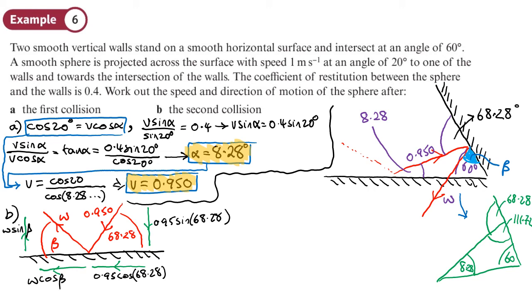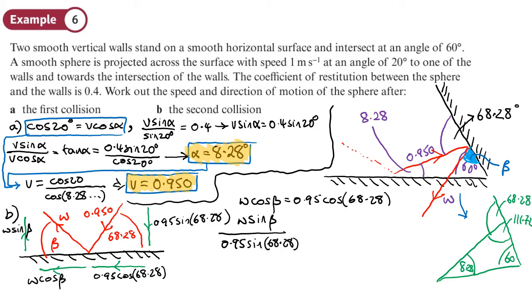So parallel to the wall, we're going to have W cos beta equals 0.95 cos 68.28, and perpendicular, the speed of rebound is going to be W sine beta equals, not equals, using the coefficient of restitution, so that's speed of rebound over speed of approach, 0.95 sine 68.28 equals 0.4. So the rest is now solving simultaneously.